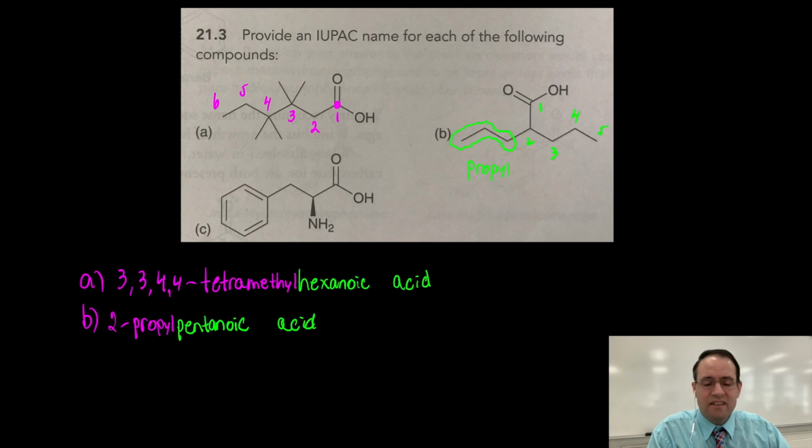Letter C, this is phenylalanine. This is one of the amino acids that are naturally occurring out there in plants and animals and even in your body right now. So we want to, once again, there's some complicated stuff in here, but first identify your longest chain. So there's carbon 1, there's carbon 2, and there's carbon 3. So this is 3 carbons long, so it's a propanoic derivative.